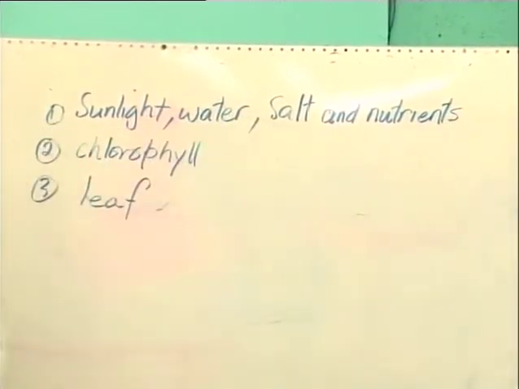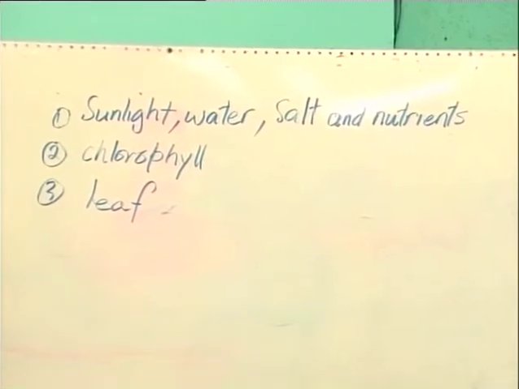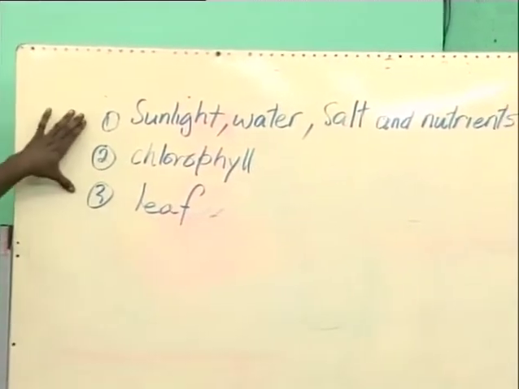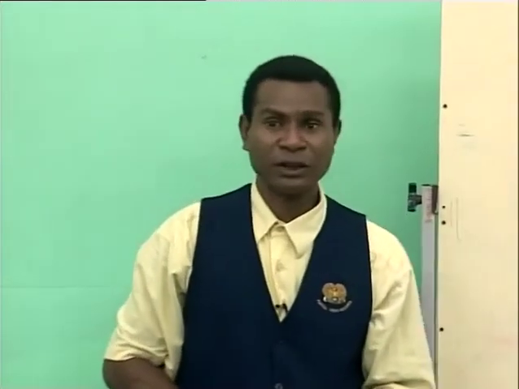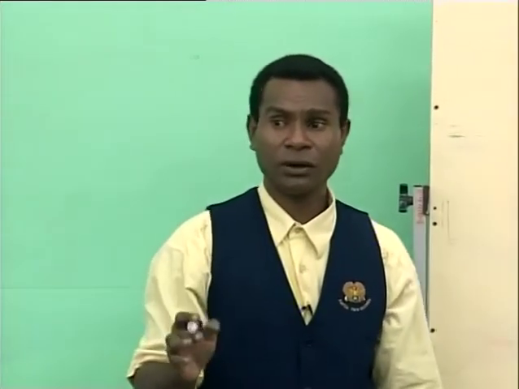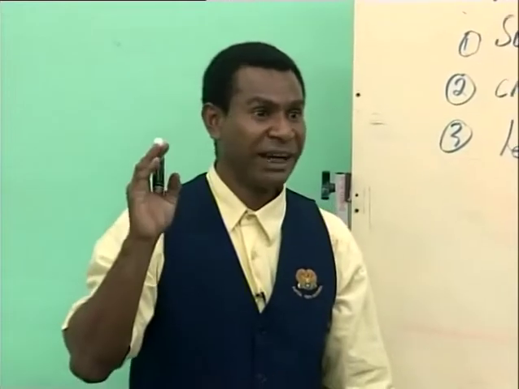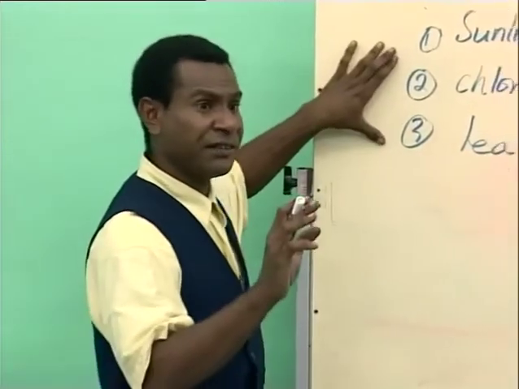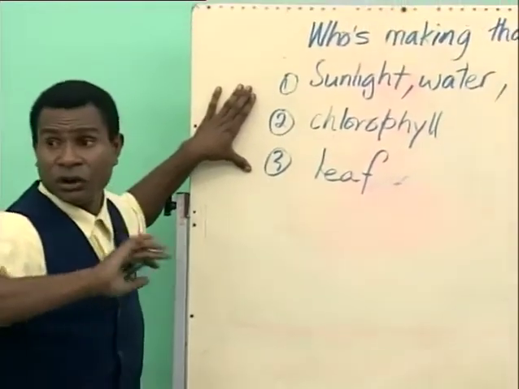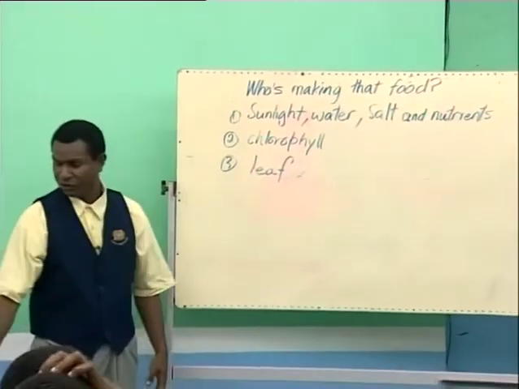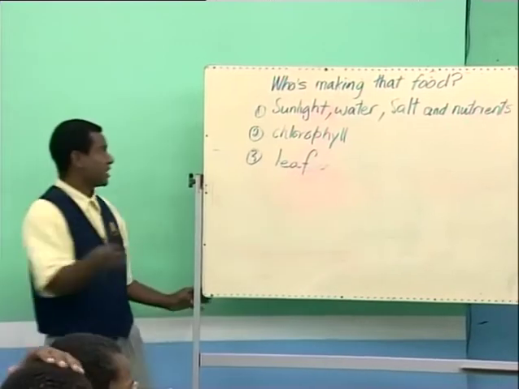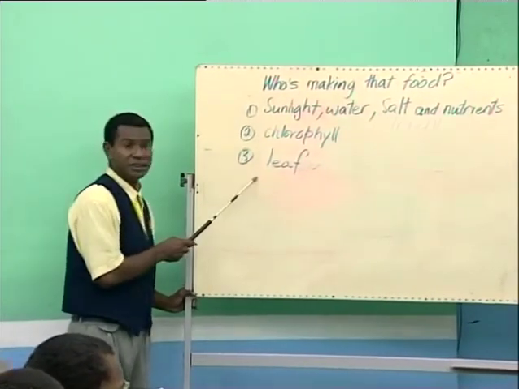Okay, we have these three answers. Have a look at them. The question is, who's making that food? Now we are looking at plants, so who is making the plants' food? First answer is sunlight, water, salt, and nutrients. Our second answer is chlorophyll. Leaf is the third answer.